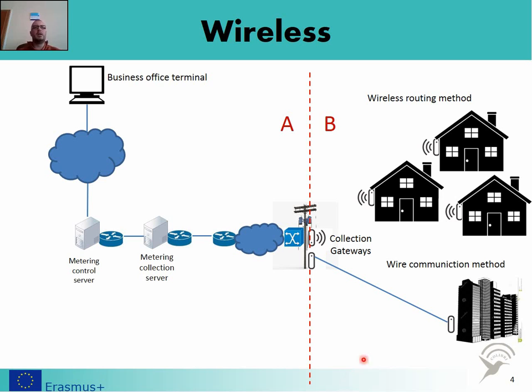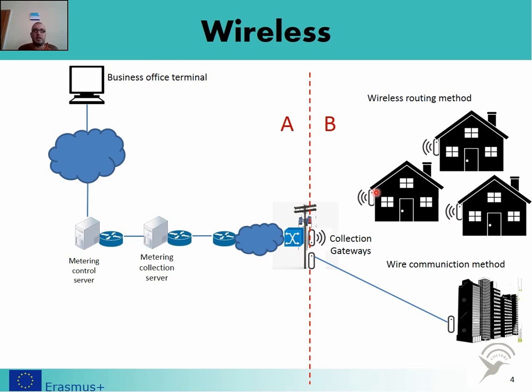Okay, so what you see here is the solution for smart grid controlling using the wireless solution. We have two different planes, the A plane and the B plane here. What is very important here is this method of wireless routing.